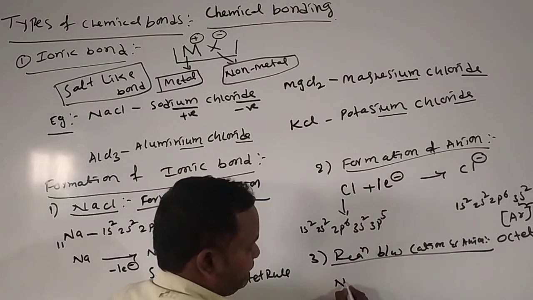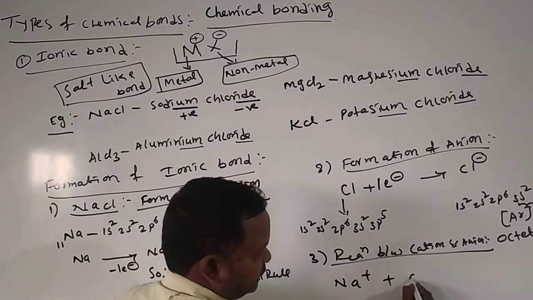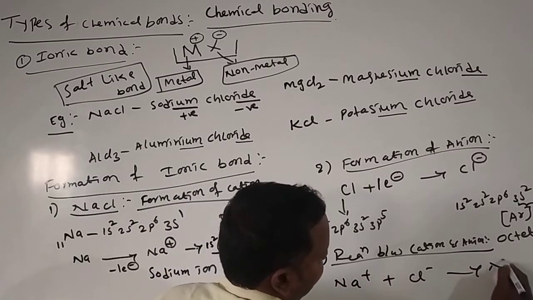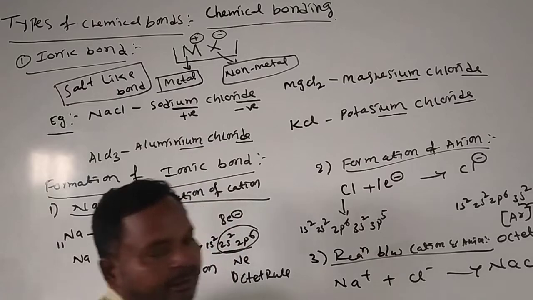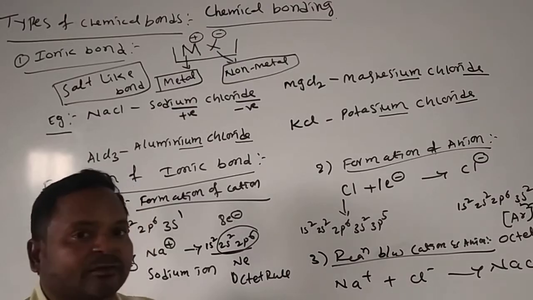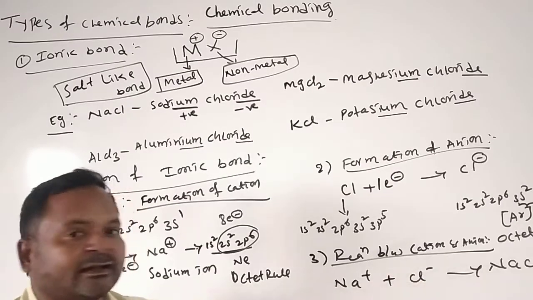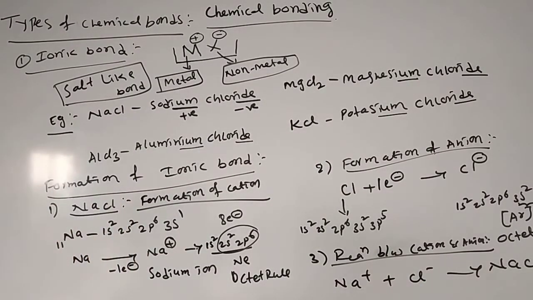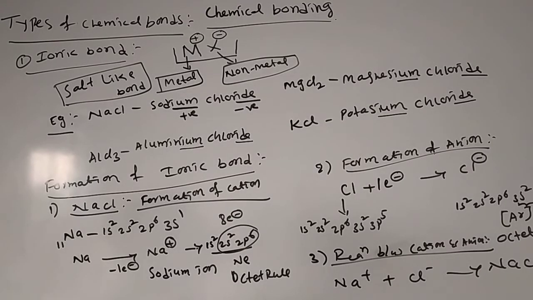Sodium plus and Cl minus form sodium chloride. The strong attraction forces between two oppositely charged ions we call an ionic bond. This is about the formation of ionic bond in sodium chloride.